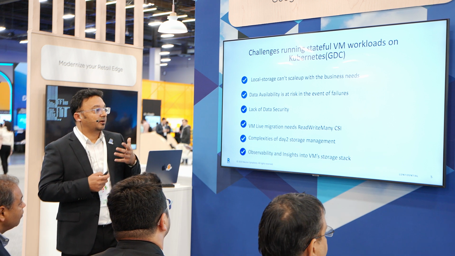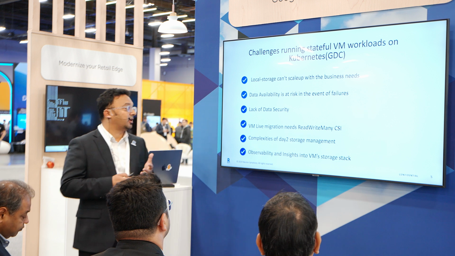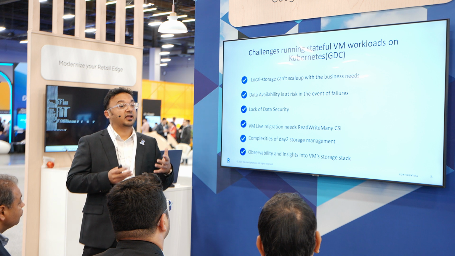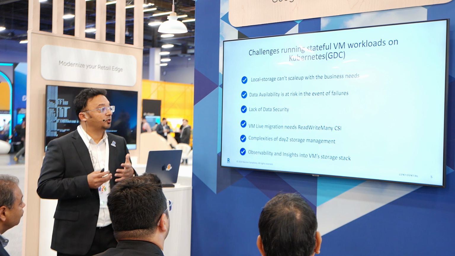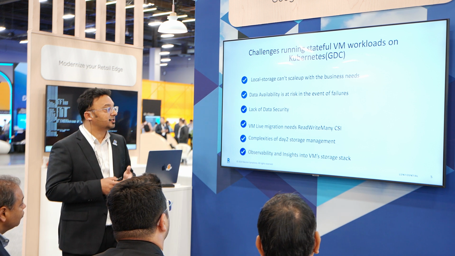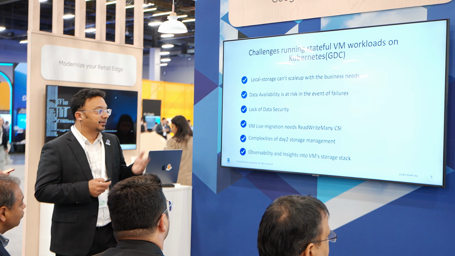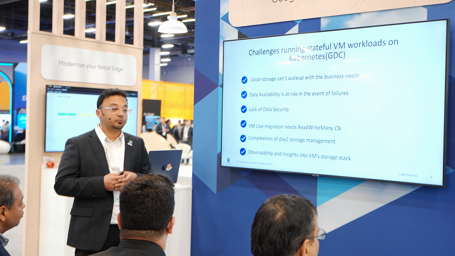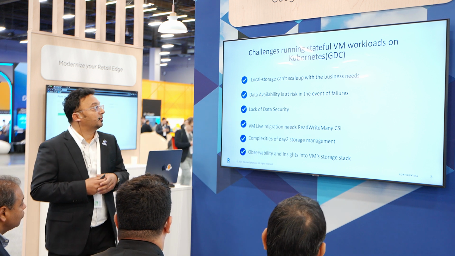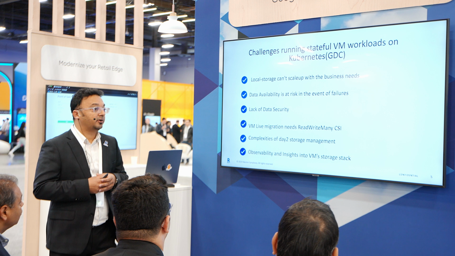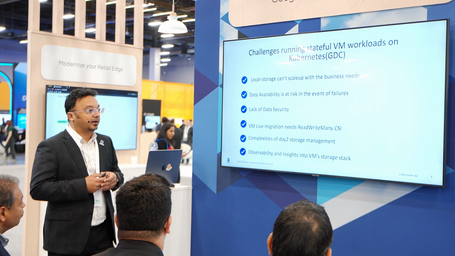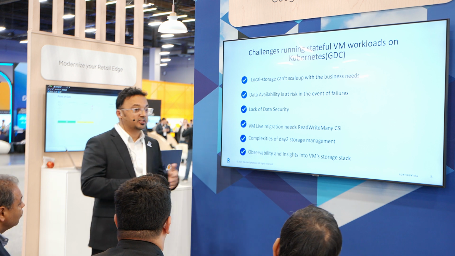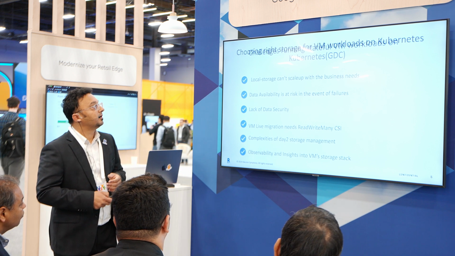And it comes with issues with data security, and then you cannot have live migration capabilities, for which you require a CSI compliant storage. And definitely the complexities involved around managing local storage-based VM workloads would be difficult from a data perspective, right? And the insights into the sizing aspects of storage management and all those things become too difficult.